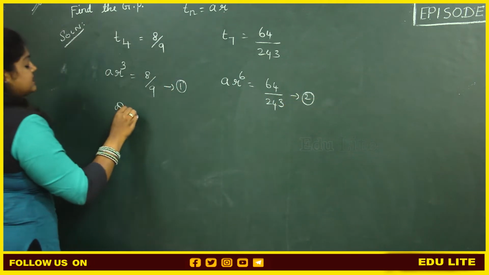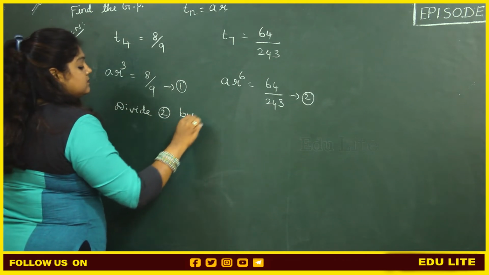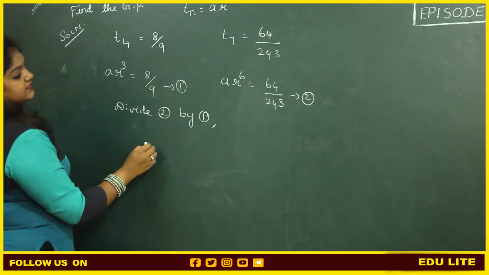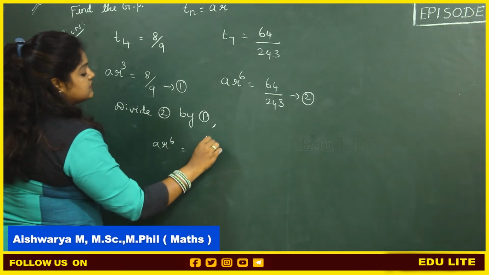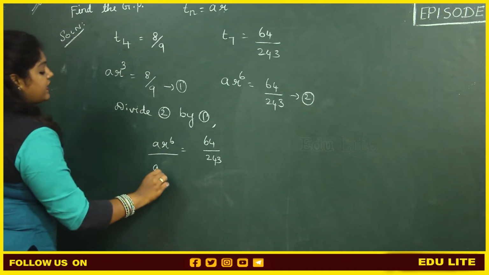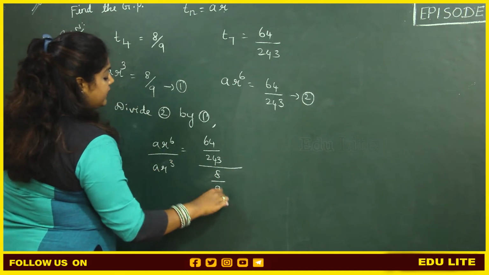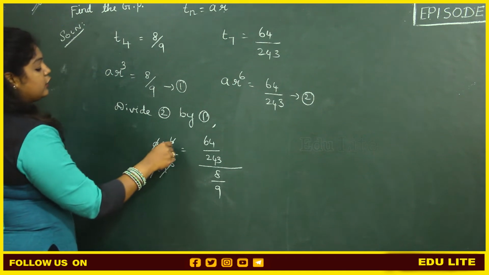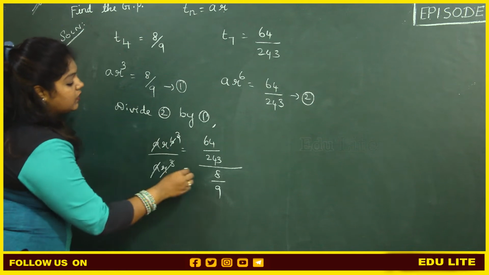Now, we will divide the second equation by the first equation. What will we get? The second equation is A R power 6, which is equal to 64 by 243, divided by the first equation, A R cube, equal to 8 by 9. On the left hand side, A and A will get cancelled. R cube cancels in R power 6, leaving R cube.